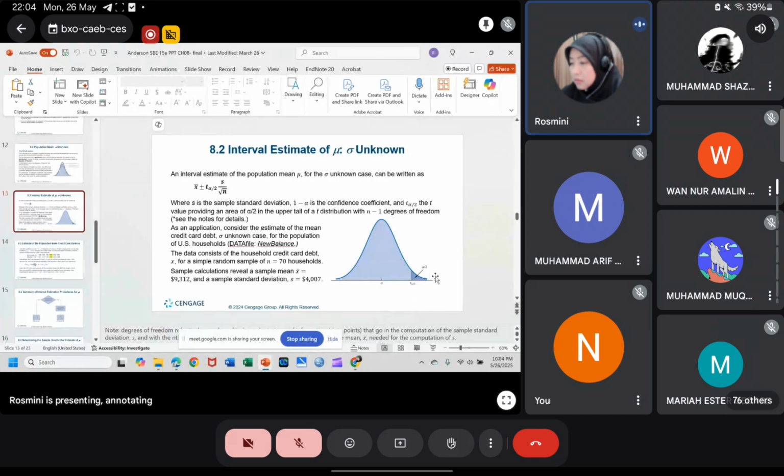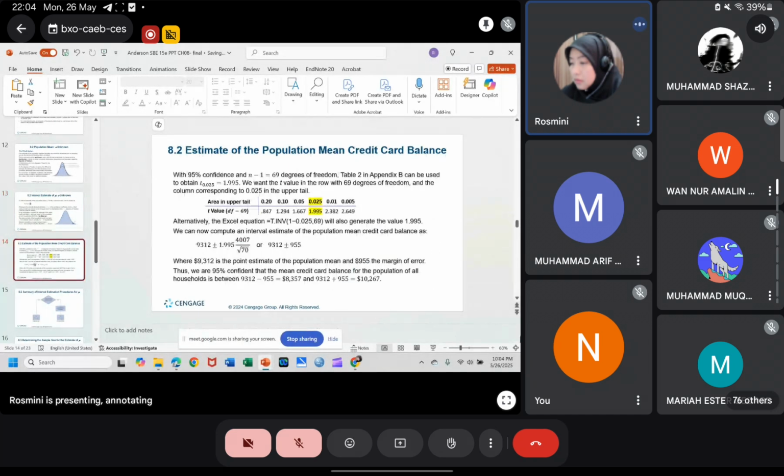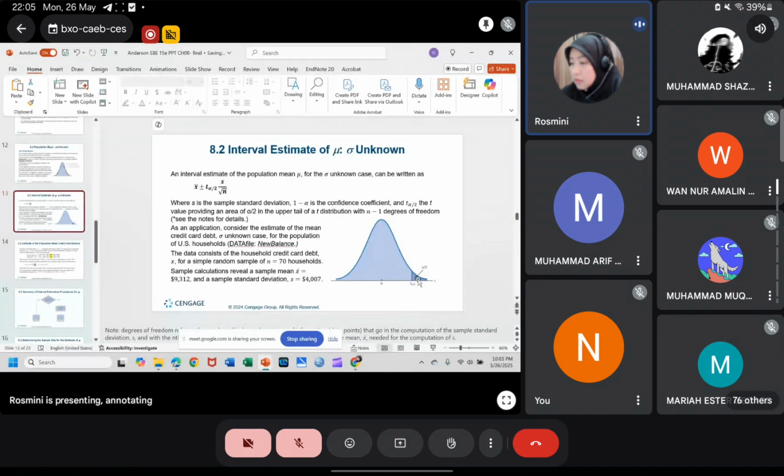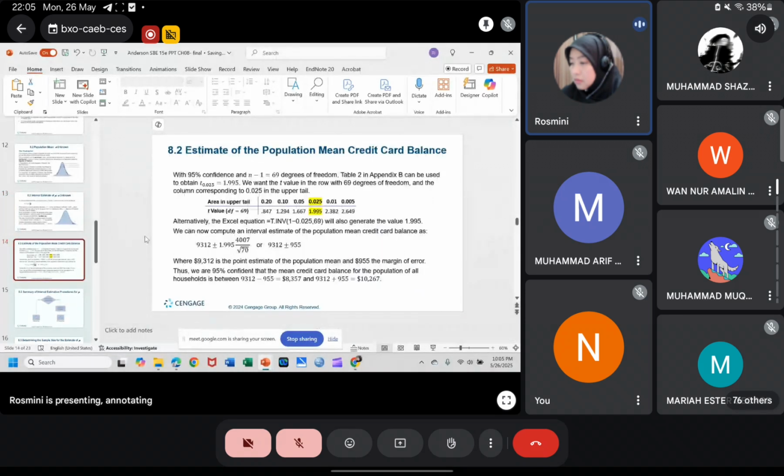So when you try to find the T from the table, we know that the upper tail, this one here, is 0.05 divided by 2. So what you will get is 0.025. So 0.025 equals 1.995.